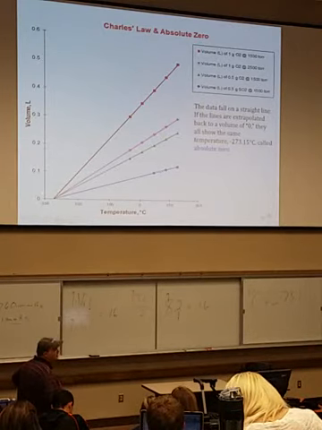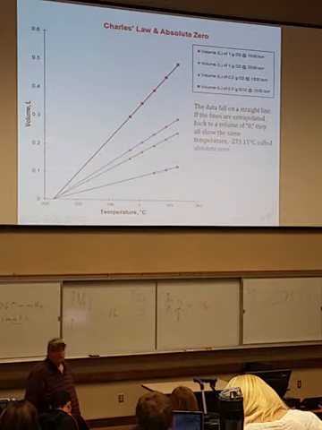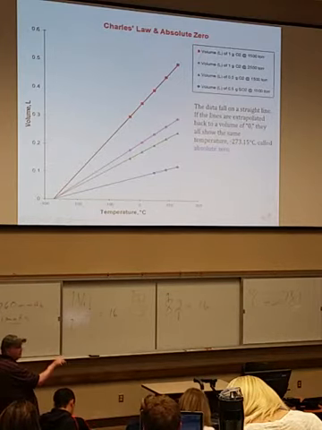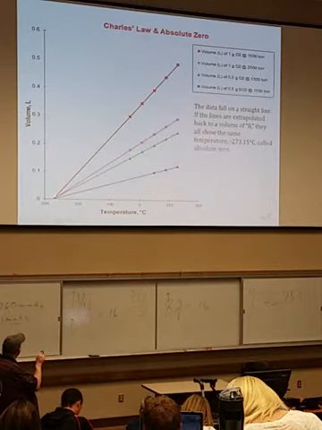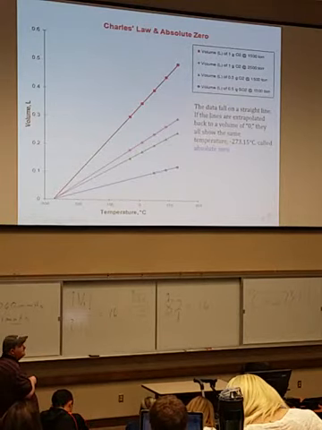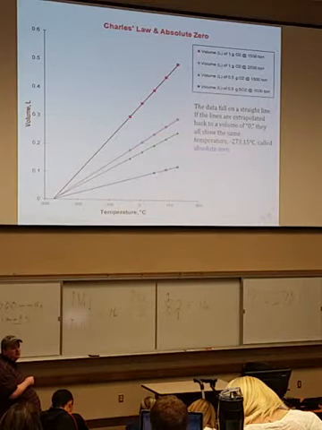It goes to one point. Guess what that point is? Absolute zero. To reach absolute zero, which is negative 273, right? To reach absolute zero, what does my volume have to be? Zero. Can we have zero volume? Have gas? Therefore, we can't reach absolute zero.